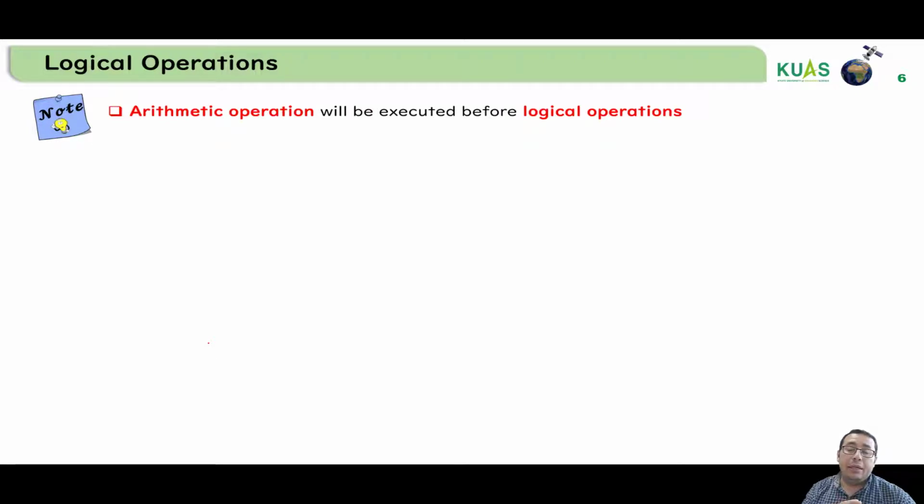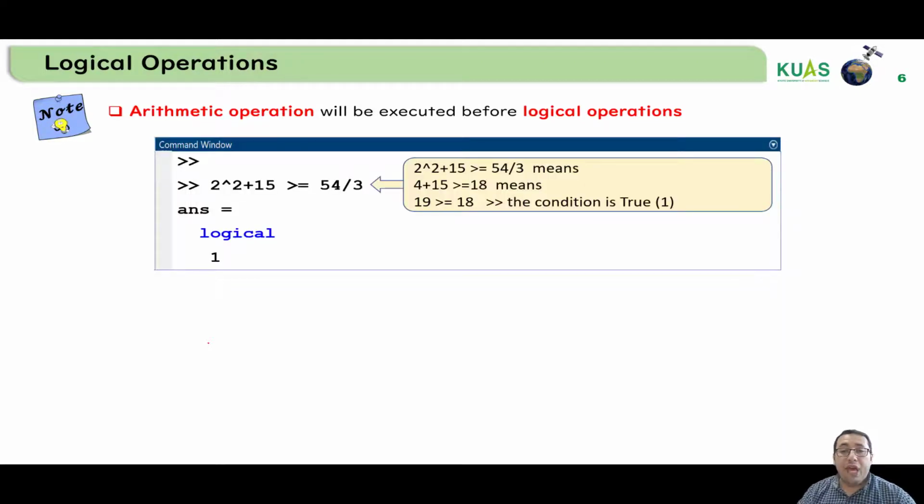In some cases, we need to mix arithmetic operations and logical operations. If we meet this case, we should execute the arithmetic operation before the logical operation. For example, if we have 2 to the power 2 plus 15 greater or equal 54 divided by 3.